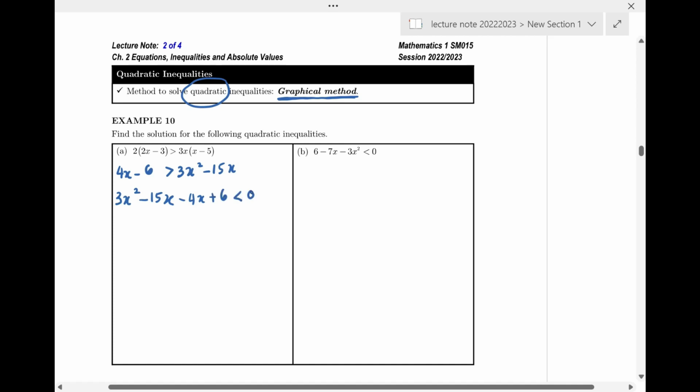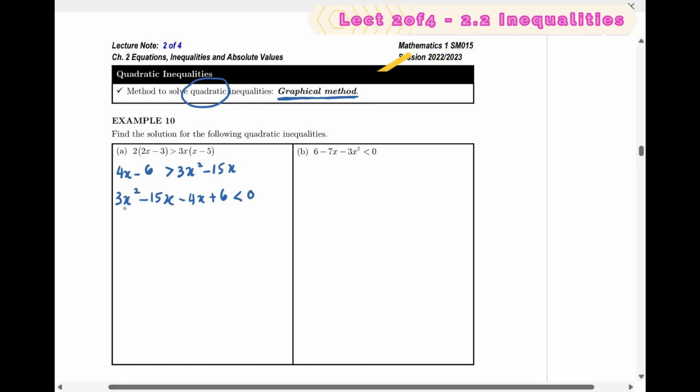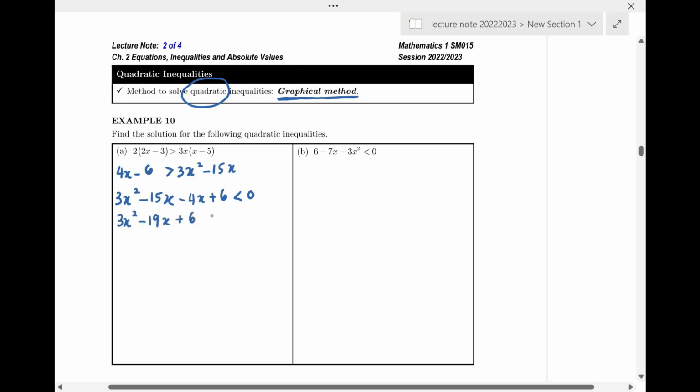Take your time to try to rearrange it on your own. If you find it confusing, try to rearrange this on your own. Now we simplify the quadratic expression. So we have 3x squared minus 19x plus 6 less than 0.